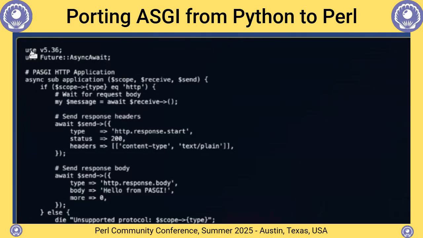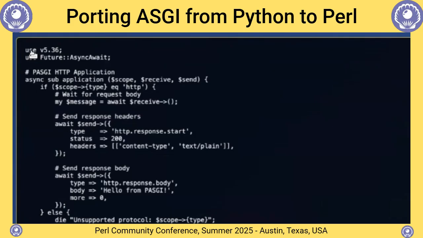In this case, the first thing I'm doing is starting an HTTP response, and I'm giving status and headers. Then the next piece is streaming the body. I'm just streaming the body information and marking it as done.